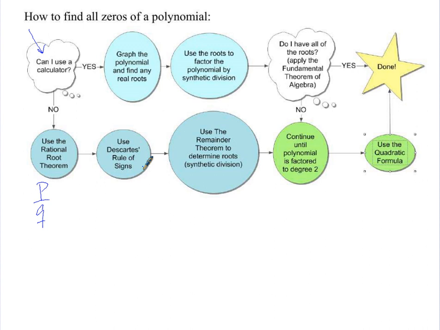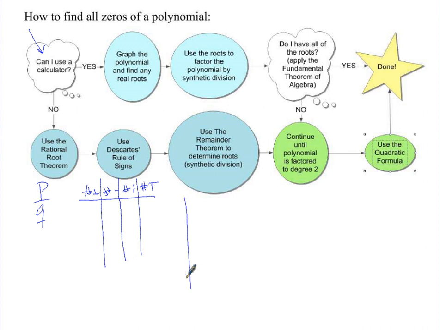Set up the table. Number positive, number negative, number imaginary, number total. Once you have that, then you can use the remainder theorem to determine your roots. In other words, use synthetic division.